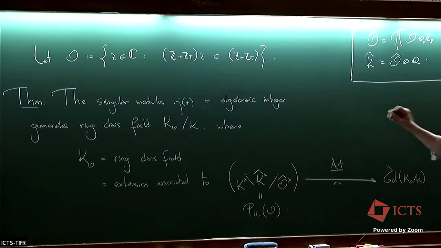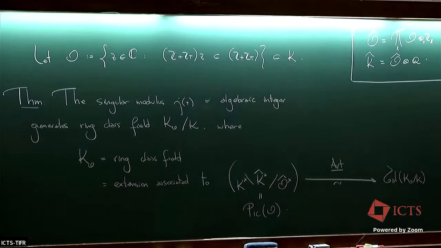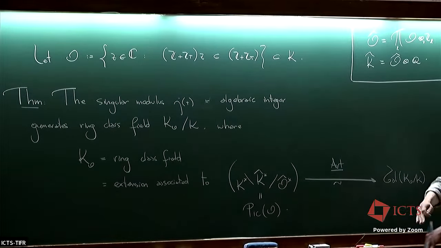I didn't say that, but the field of fractions of this is what I've called K here. So it could also be a non-maximal order, and as the index of non-maximality grows, this Picard group grows and grows, and this extension sees more and more of the class field theory of the imaginary quadratic field K. Okay.